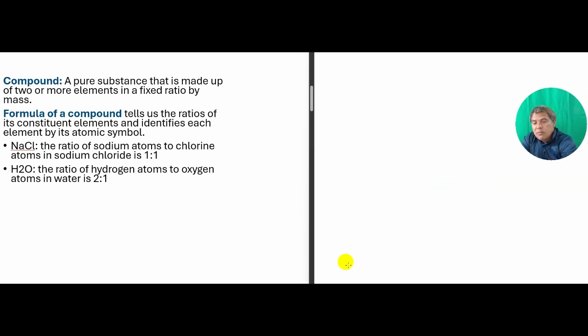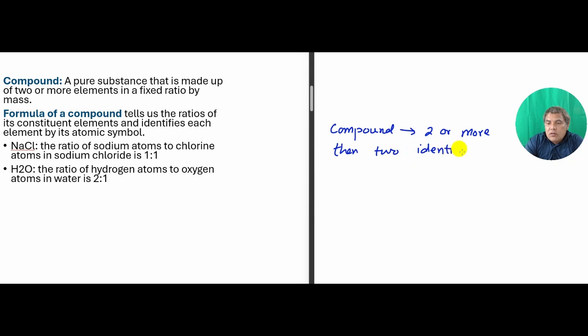Compounds are made up of two or more identical or different atoms.